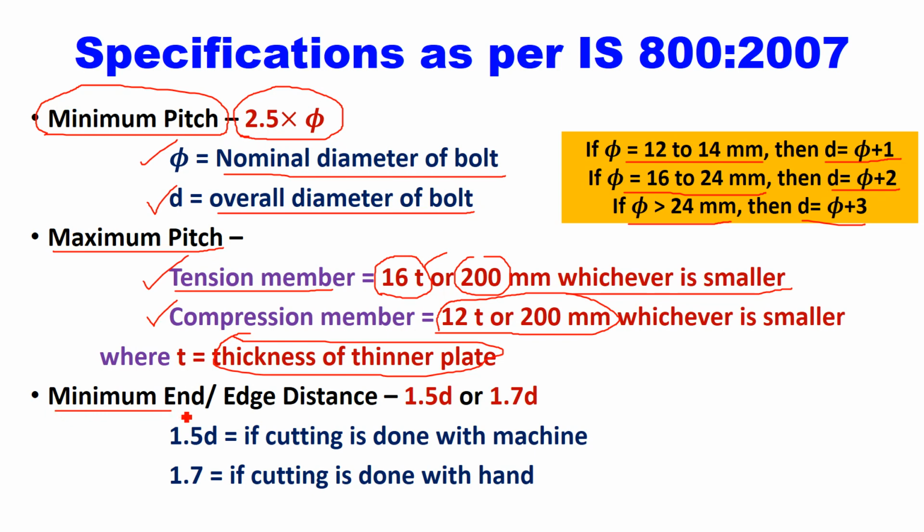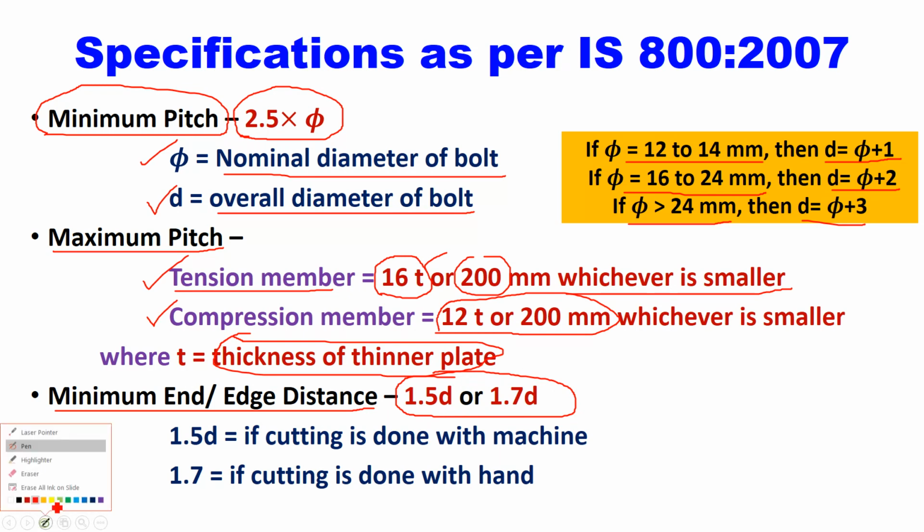Then what is the minimum value of edge distance or end distance as per IS 800? Both are the same for end and edge distance. Their minimum value is taken as 1.5D or 1.7D, where D is the same overall diameter of the bolt, right?